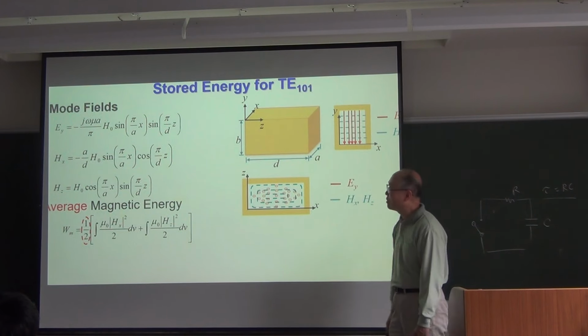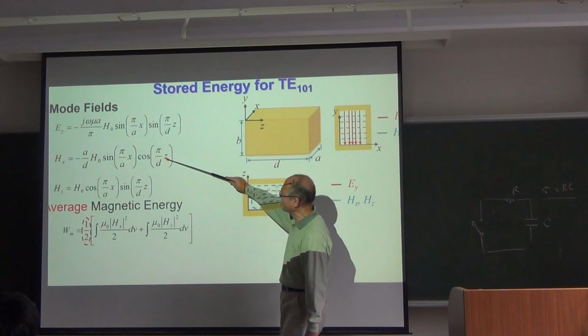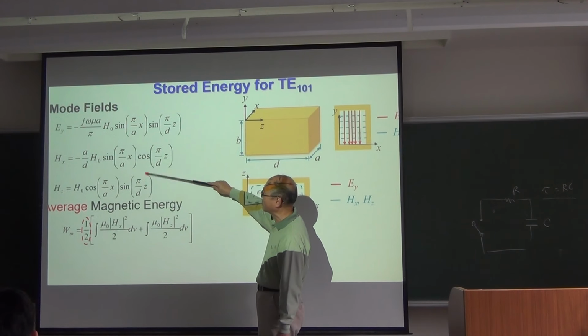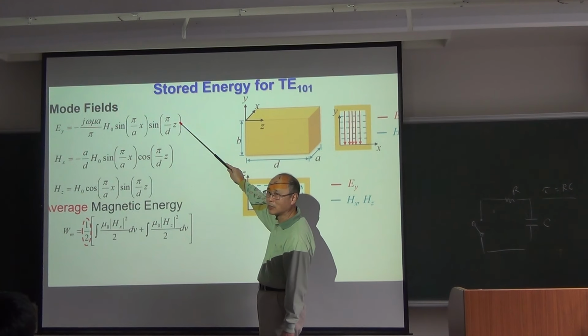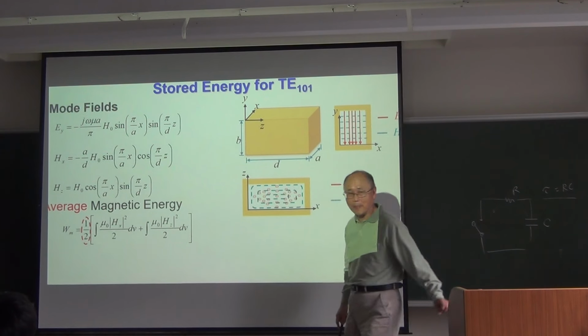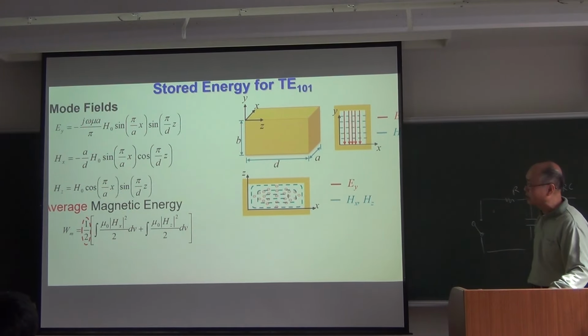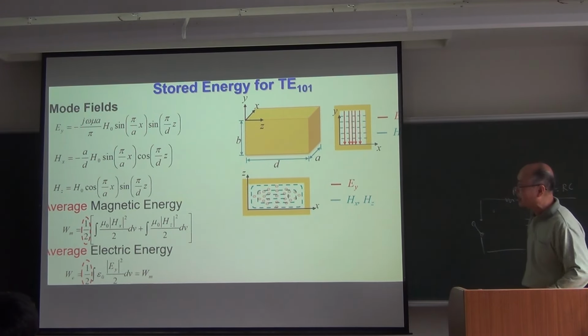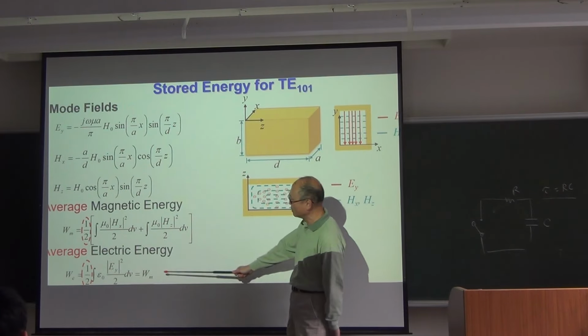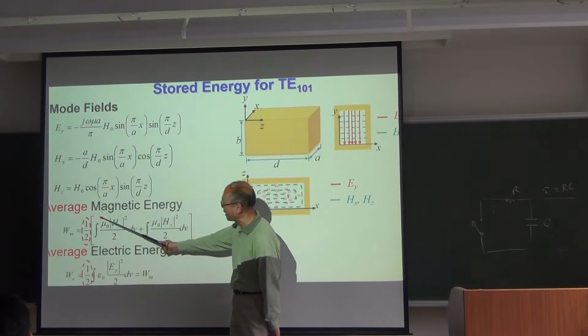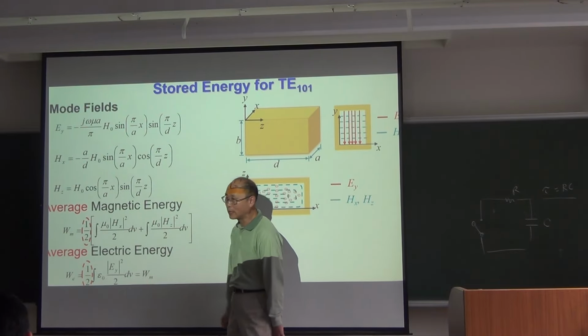The total magnetic energy calculated from this one and this one, if you add them together, it's going to be the same as the total electric energy. So let's do that calculation separately. Let's first calculate the total magnetic energy, and then calculate the total electric energy. But don't forget the factor 1/2 in front of that.